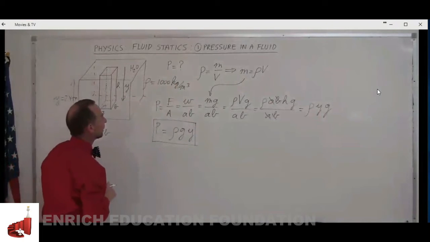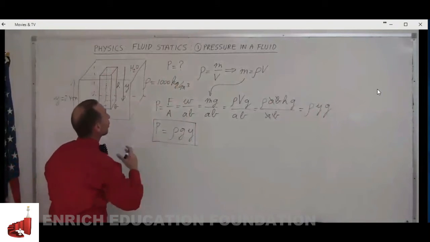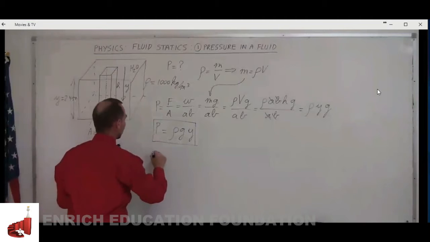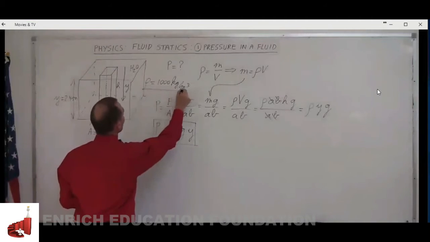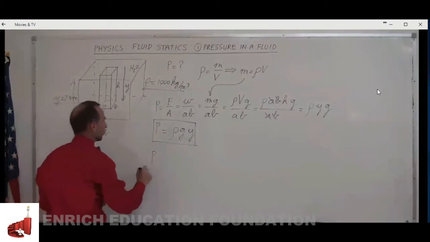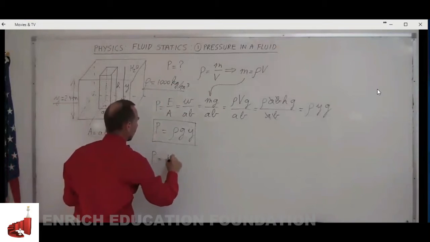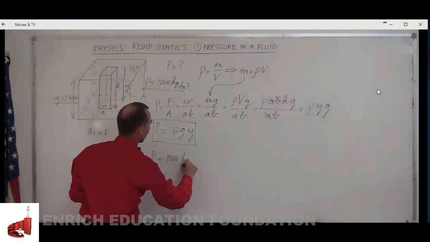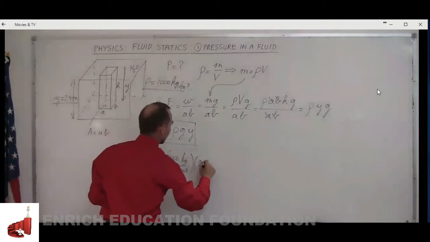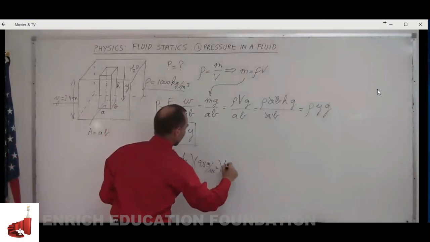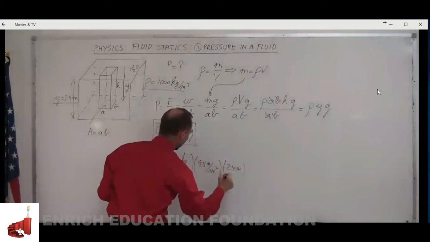And let's see, what else do we need? g, we know what g is. That's 9.8 meters per second squared. So in this case, when we assume that the density is 1,000 kilograms per cubic meter and the depth of the pool is 2.4 meters, the pressure is equal to the density, 1,000 kilograms per cubic meter, multiplied by g, which is 9.8 meters per second squared, multiplied by y, which is 2.4 meters.